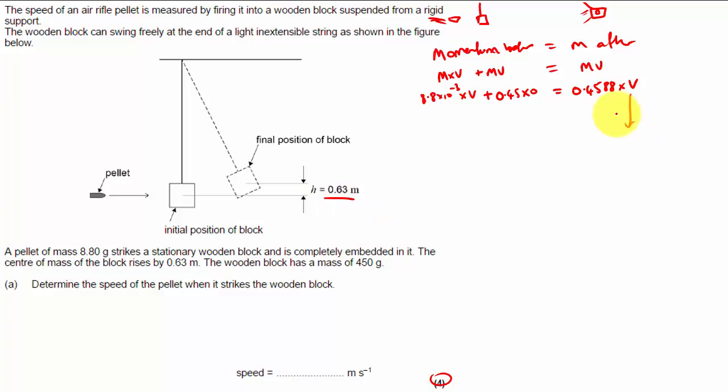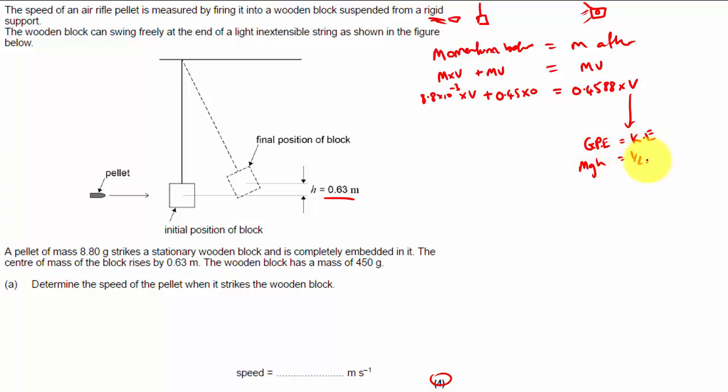Whatever kinetic energy the block had here has all been converted into gravitational potential energy here. So if I know how much GPE we had, I can also know how much kinetic energy we've got. And I can calculate the GPE. GPE is mass times gravity times height.